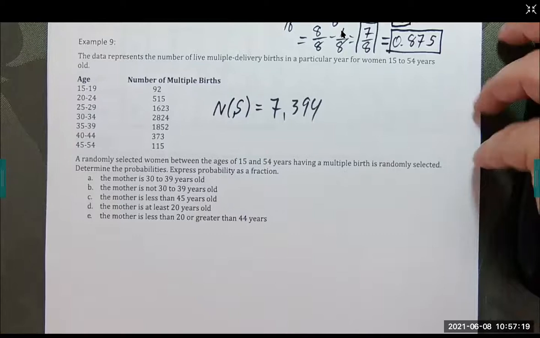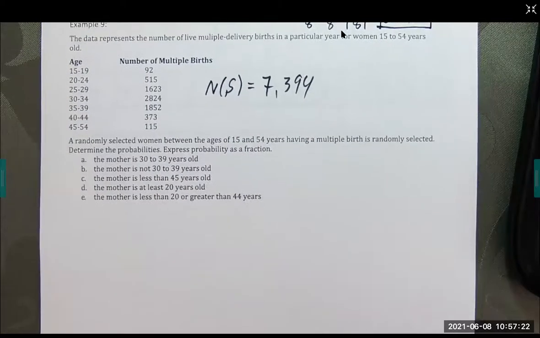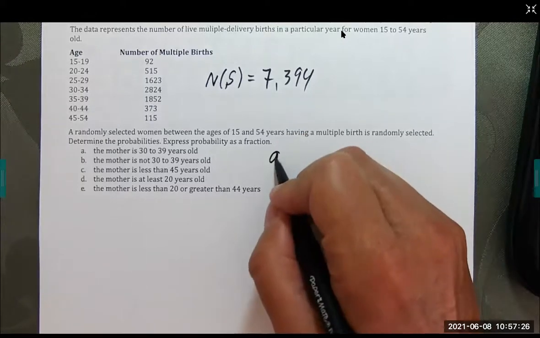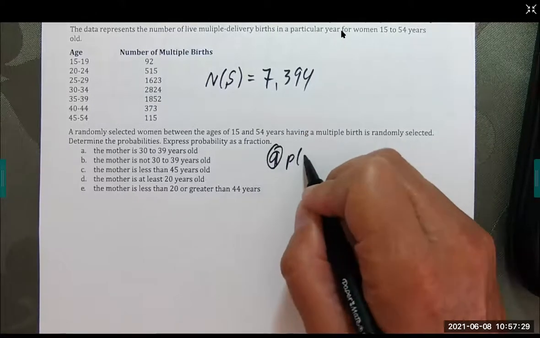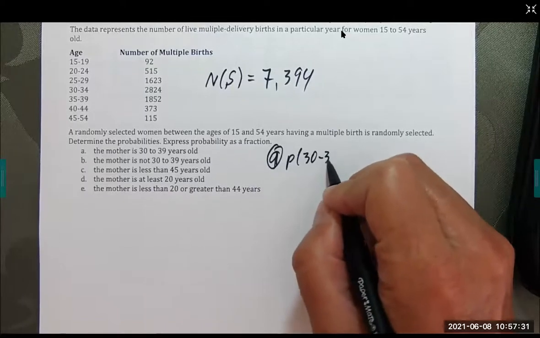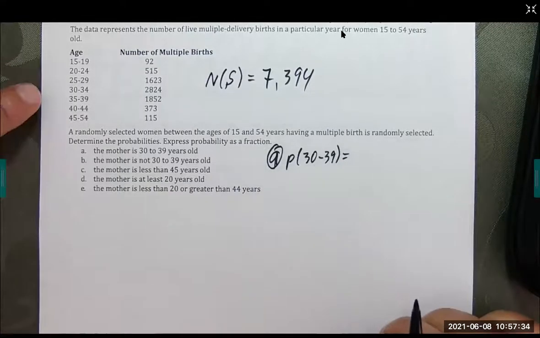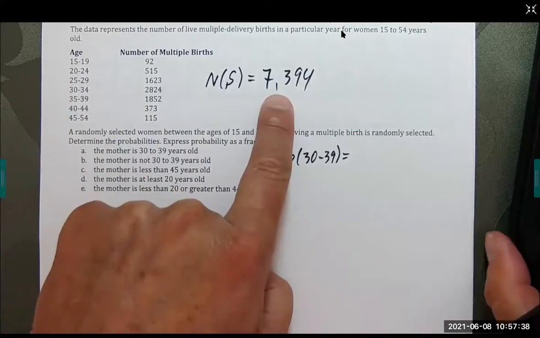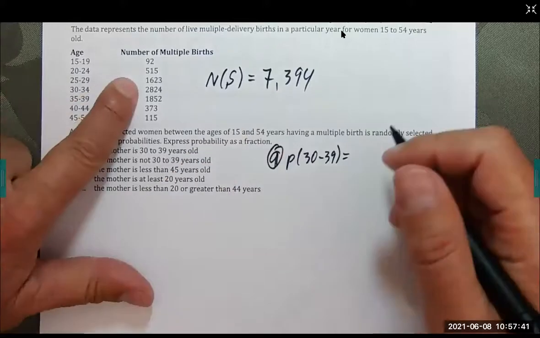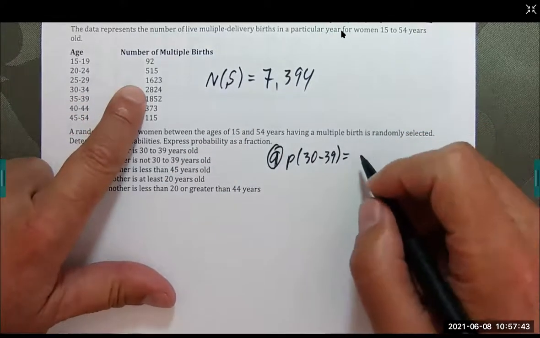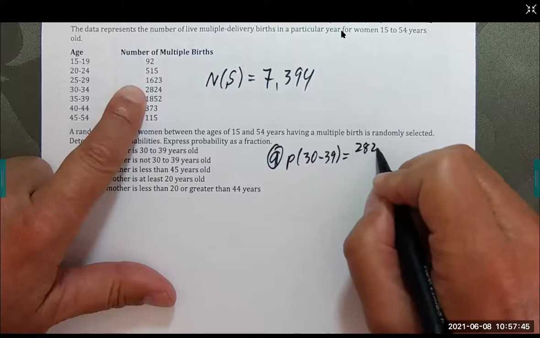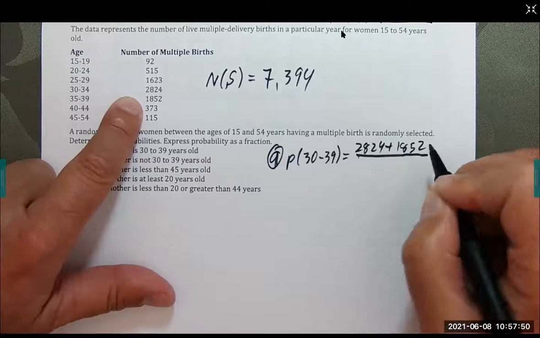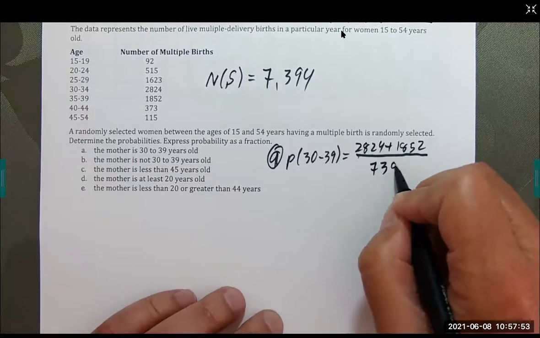We're going to go through. Let's start with part A. Probability age 30 to 39. Now I want to point out 30 to 39 are both of these categories. The total is going to be my denominator, so my numerator is going to be 30 to 39. So that's 2824 plus 1852 over 7394.